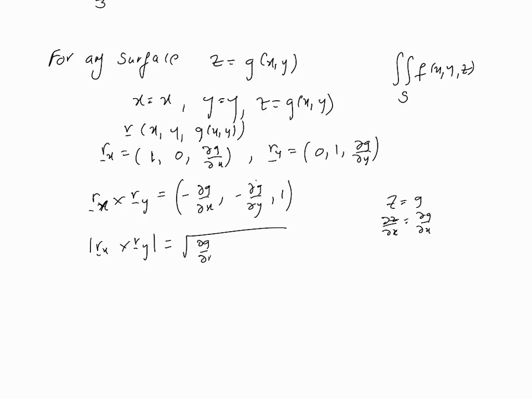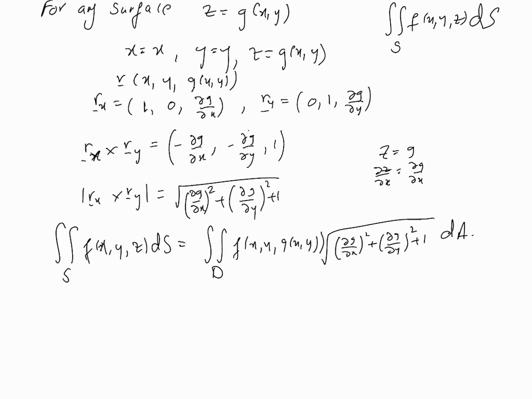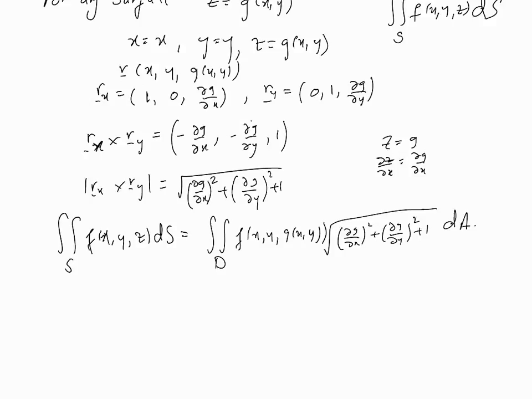But if you like to keep the g, we end up with this, which means this integral will become f of x, y, g of xy, and then this, and dA. So it can be done in this manner. This is a quick way. You can cut down a little bit of work because the cross product is already calculated for you.